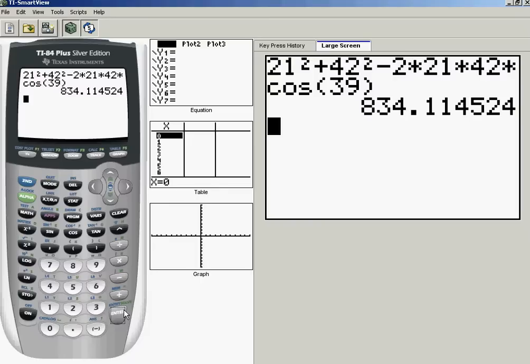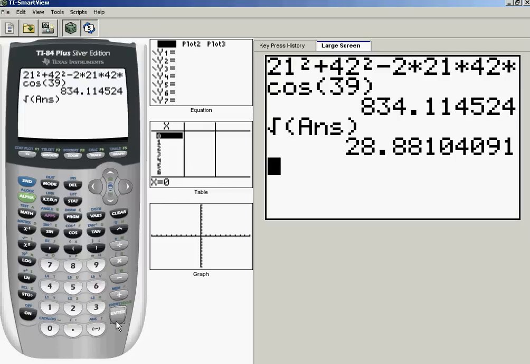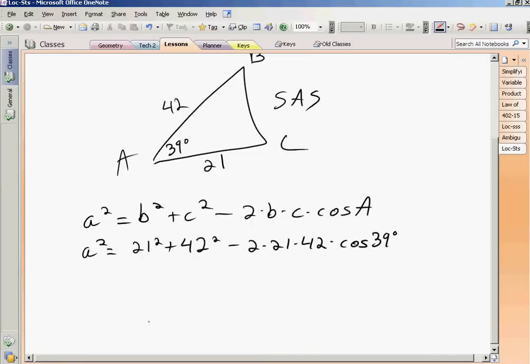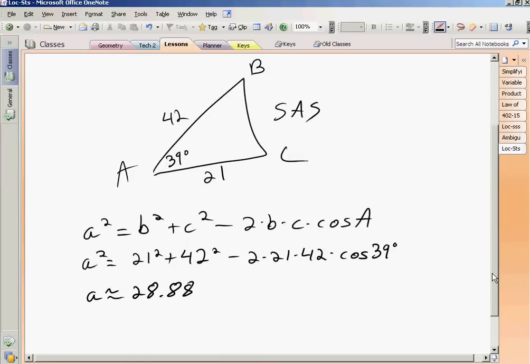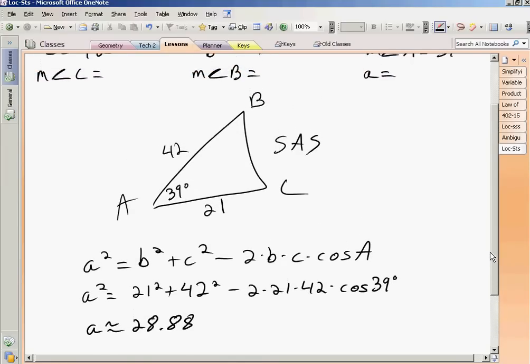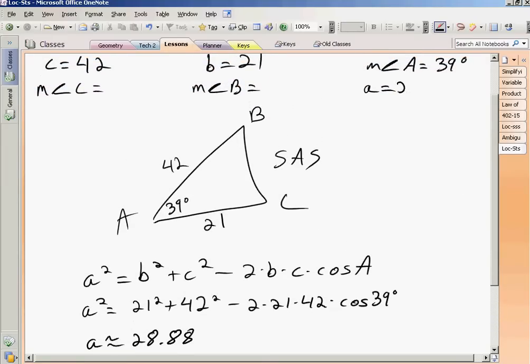That gives me what A squared is equal to. Now I want to take the square root of that, so I'm going to use the previous answer feature. And I get A is equal to 28.88. Don't forget to take the square root. It's a step a lot of people forget. So right away I've got one part done. A is equal to 28.88.